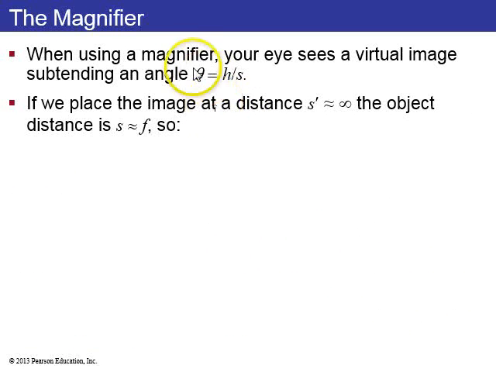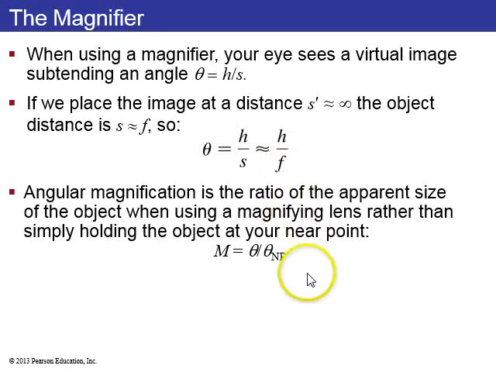So when you use a magnifying glass or magnifier, you see a virtual image that has angular size of h over s, where s is the object distance. And if we place that image at infinity, then s is around f, so that's actually h over f, the focal length.